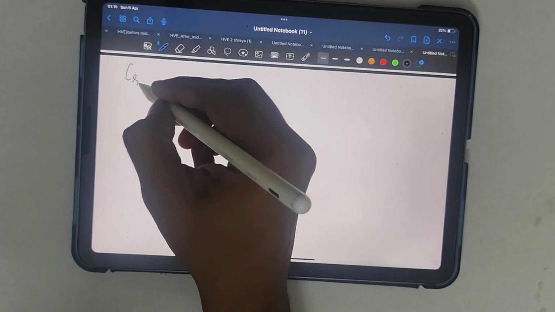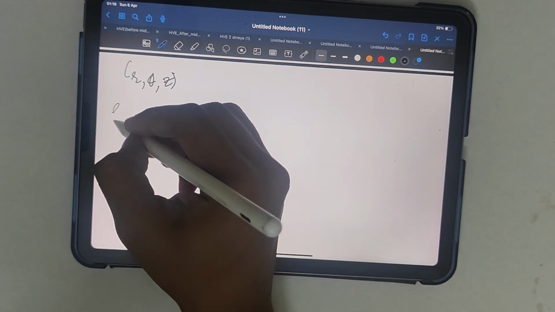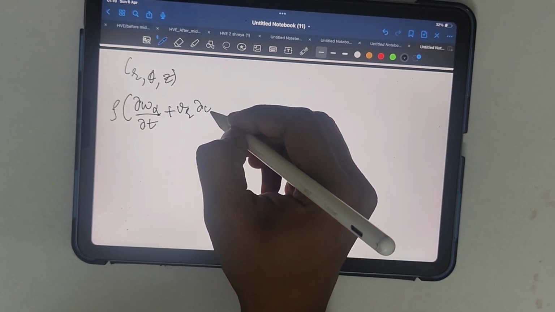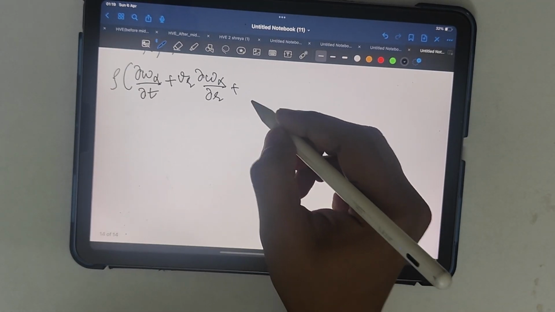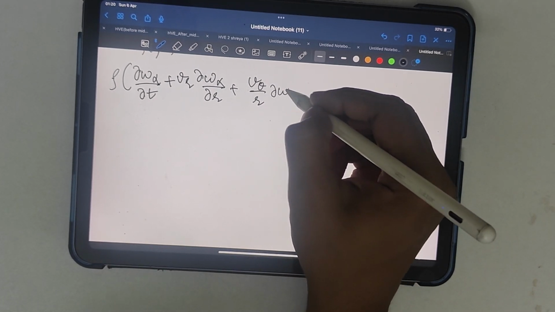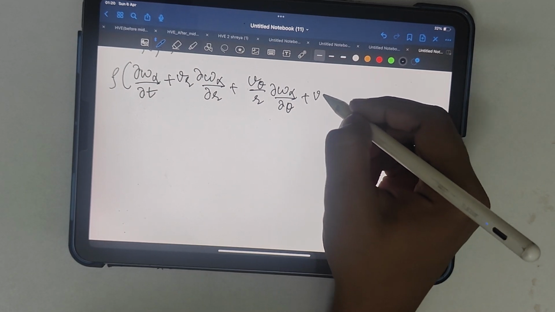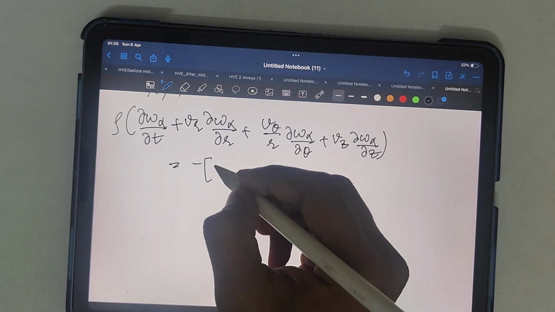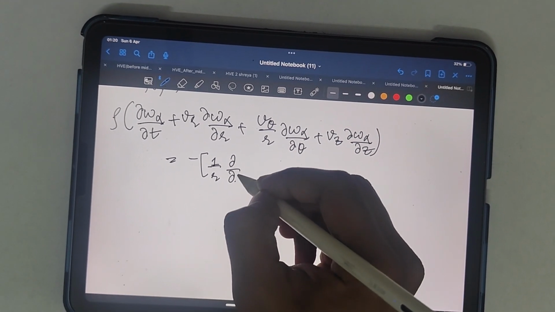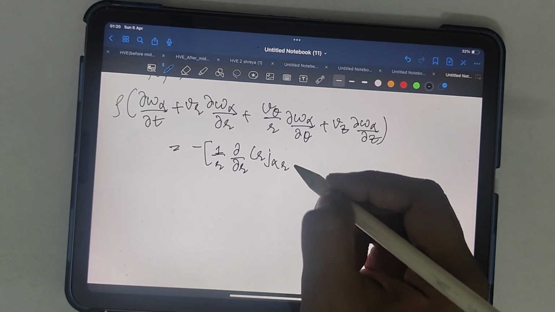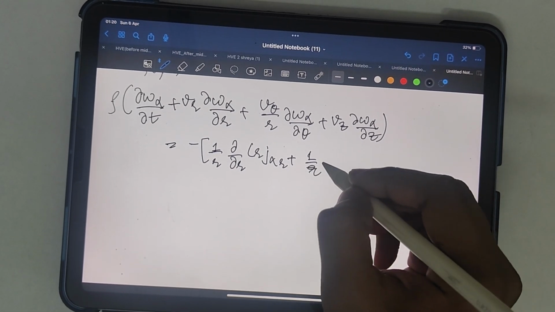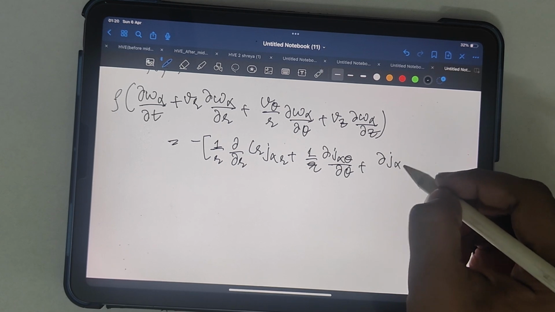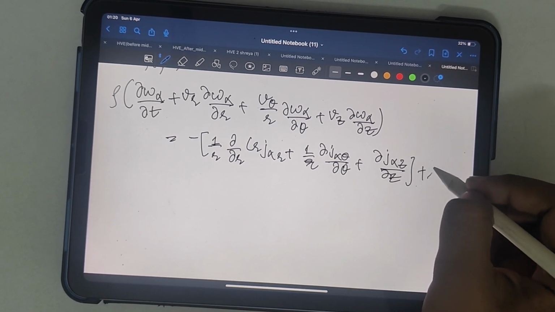So in terms of cylindrical coordinates, that is r, theta and z, we have the equation rho times dou w alpha by dou t plus Vr times dou w alpha by dou r plus V theta by r times dou w alpha by dou theta plus Vz times dou w alpha by dou z is equal to minus 1 by r dou by dou r of r j alpha r plus 1 by r times dou j alpha theta by dou theta plus dou j alpha z by dou z plus r alpha.